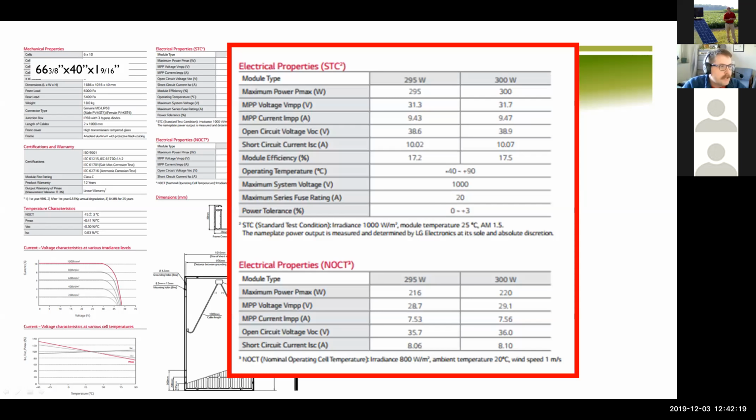The other thing is that when we talk about how much a solar panel or solar module can produce, we're almost always talking about it in standard test conditions. It's laboratory measured output. That's not the real world output. The real world output is less. So this is a 300 watt solar panel, and it actually is only 220 in real life.